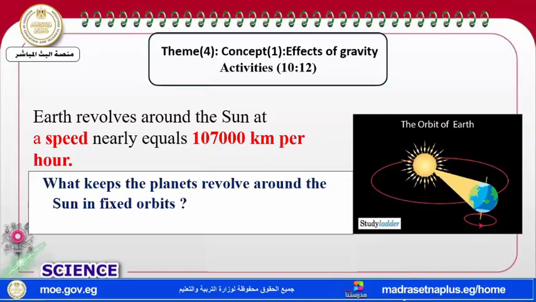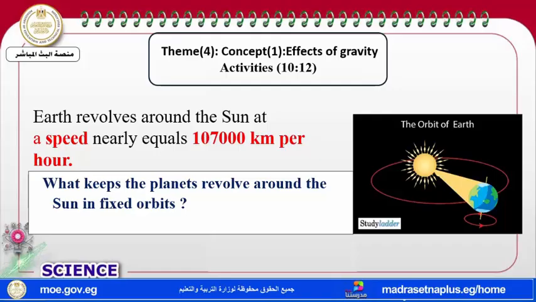What about the speed of the planet? Each planet has a speed, and it moves with that speed. The speed of the Earth, for example, is 107,000 kilometers per hour.